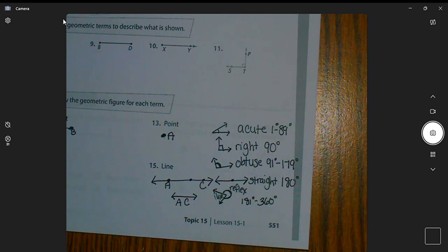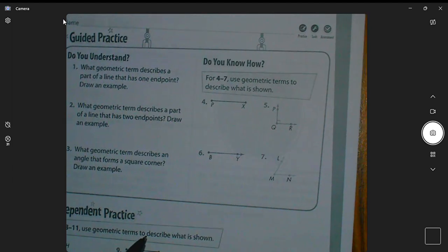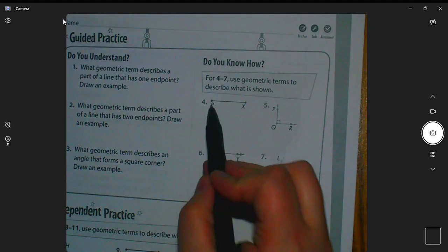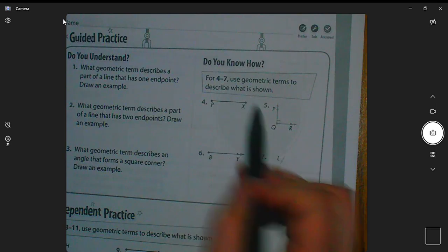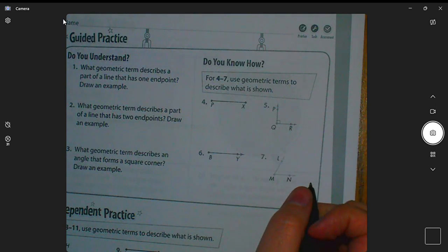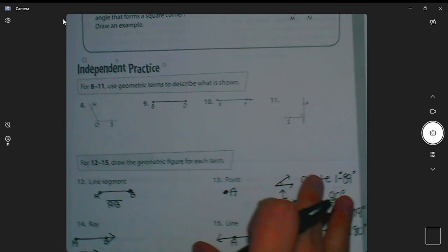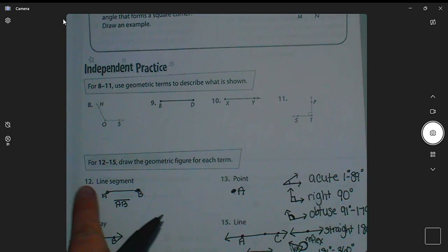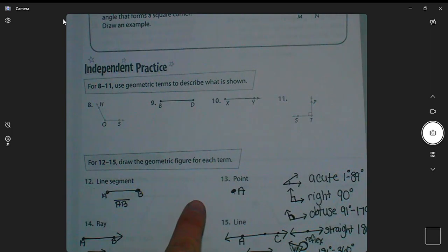Let's look at some examples up top. Number 4. I see that this item has two fixed endpoints. So, what geometric term do you think that would be? Do you think it would be a line segment, a point, a line, or a ray?